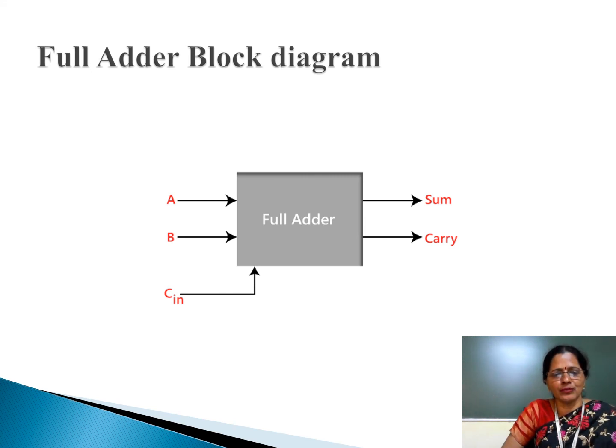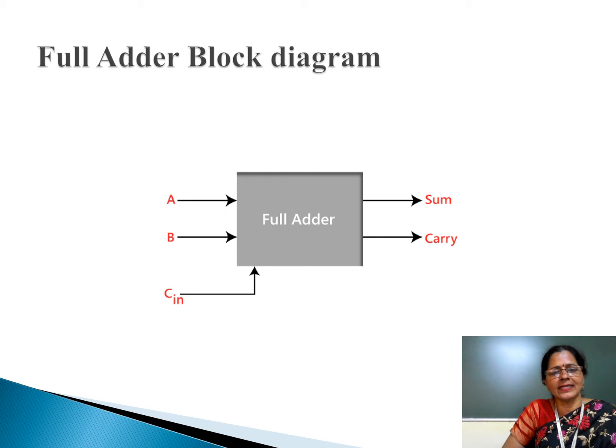But when your purpose is to add 2 binary numbers each having 4 bit, you have to take a number of full adders and connect them properly in such a manner that you can directly apply the 2 4-bit numbers and get the results directly.